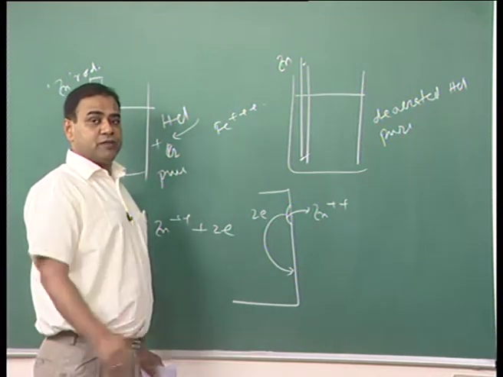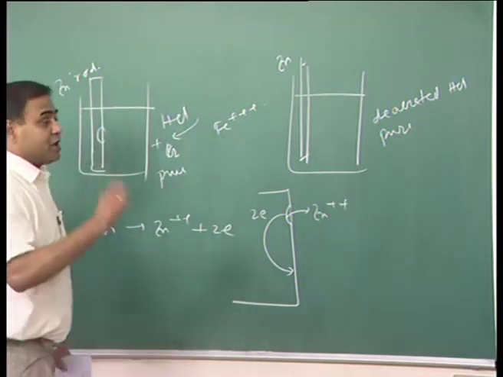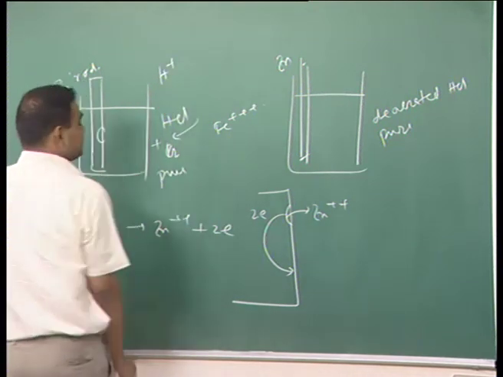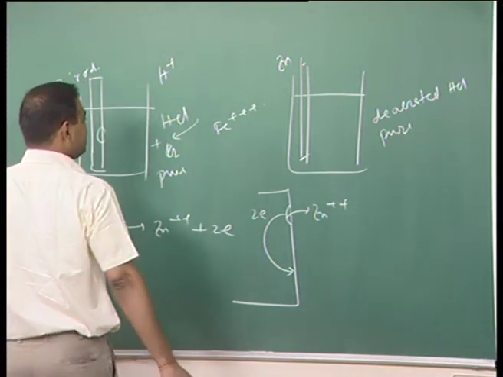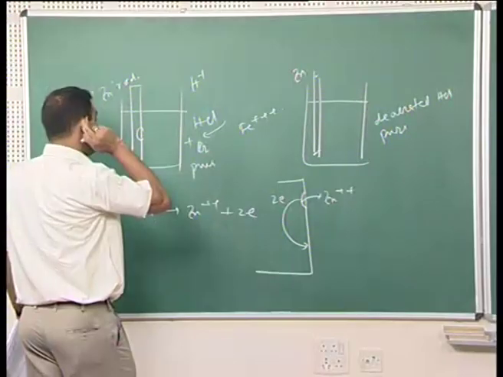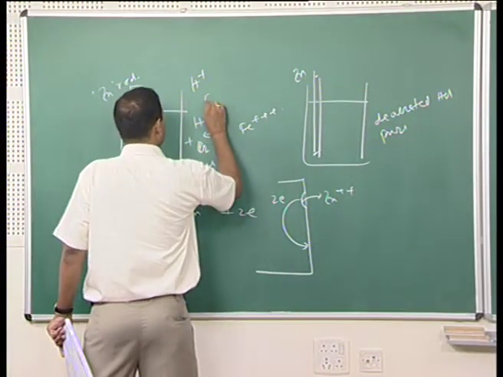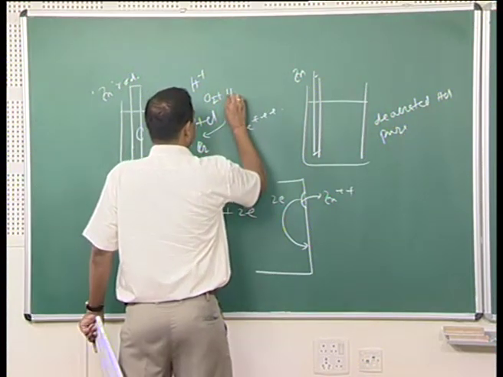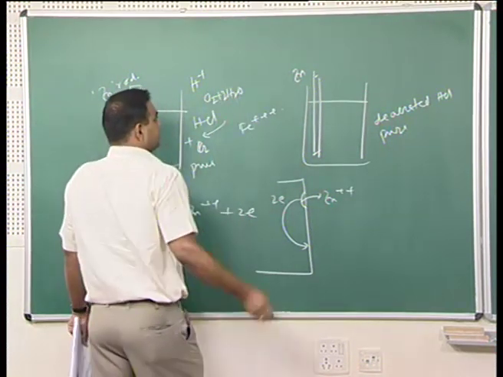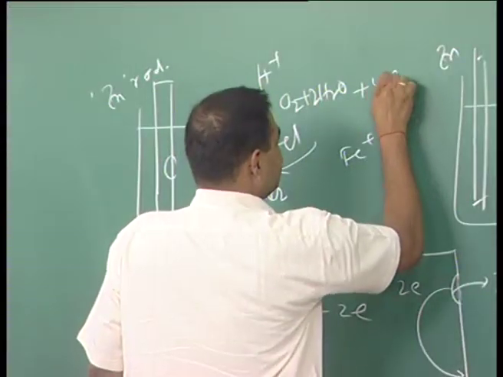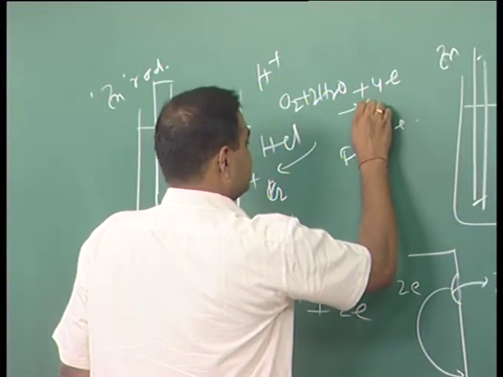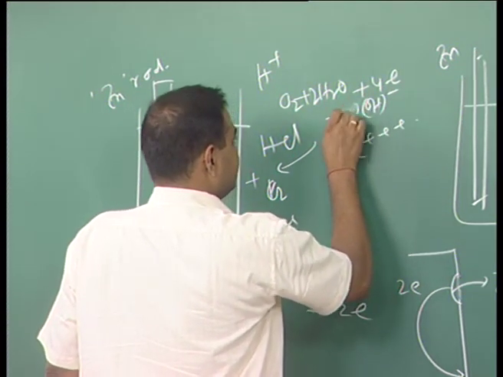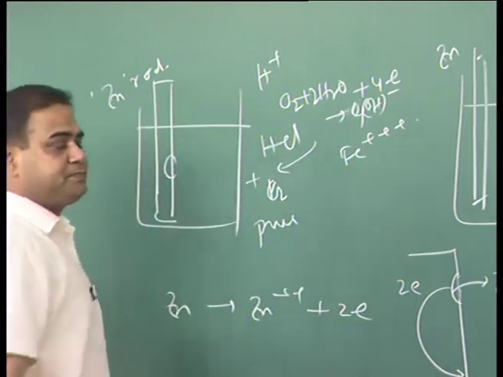Now, who will consume that? There are now 2 sources. One source is H plus, which can consume electron. There is one more source, as you have seen in case of iron, oxygen in the presence of H2O, it can also consume electron and giving rise to 4OH minus.